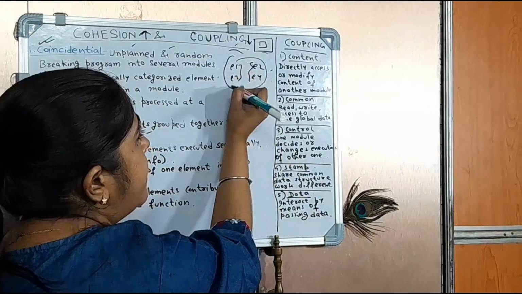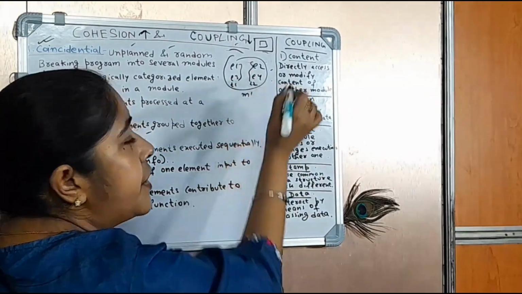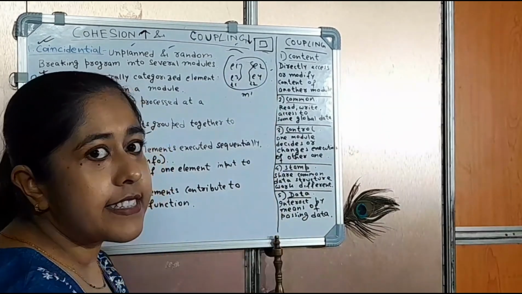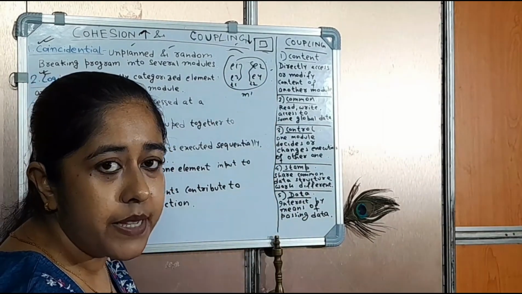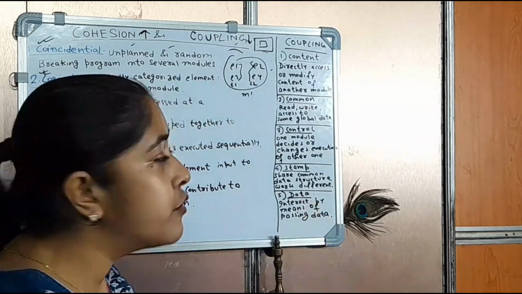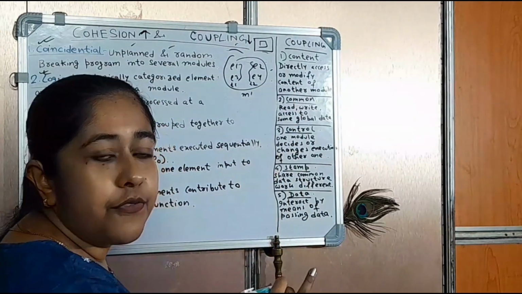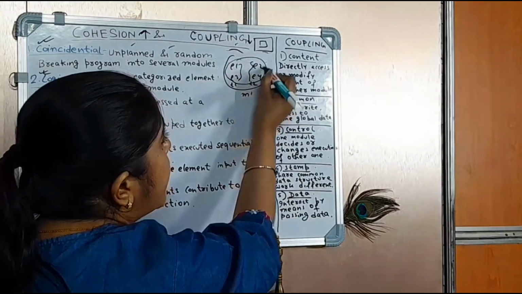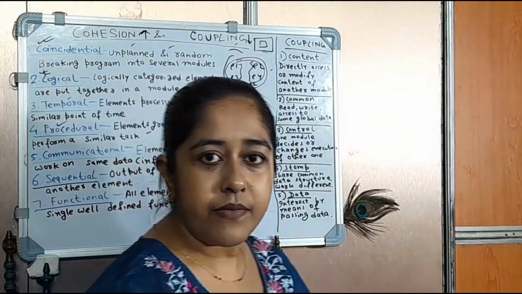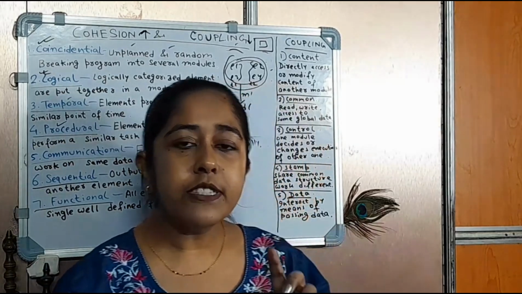E1, E2 are doing T1, and the others are doing T2, different tasks. But what we have to see here is not the task. The same task was procedural cohesion. Now maybe their tasks are different, but they are working on the same data set, that is D1. Clear?